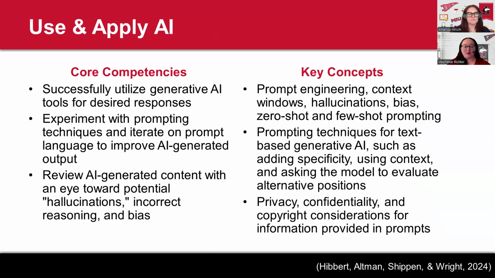As we know, prompting is really the crux of working with generative AI, being able to write and craft a prompt that results in the output that you were looking for. Students would also at this stage be critical of the output that AI provides and look for the potential hallucinations, bias, or flaws in reasoning that generative AI can succumb to.